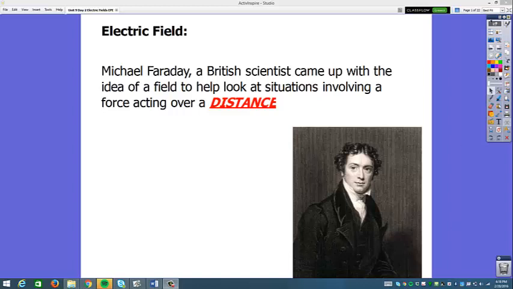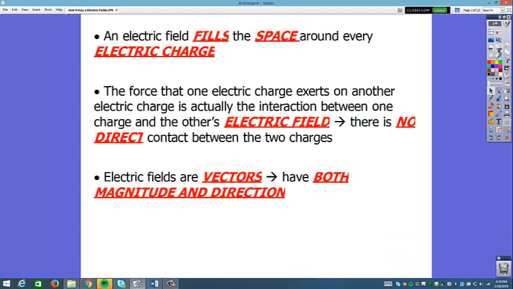And vice versa. So really what we're looking at with an electric field is basically the space around every single electric charge. So whether it's a proton or an electron or some other random charge, all of it's going to have this area around it where it's an electric field. So the force that one charge exerts on another one is looking at the interaction between the two's electric field.